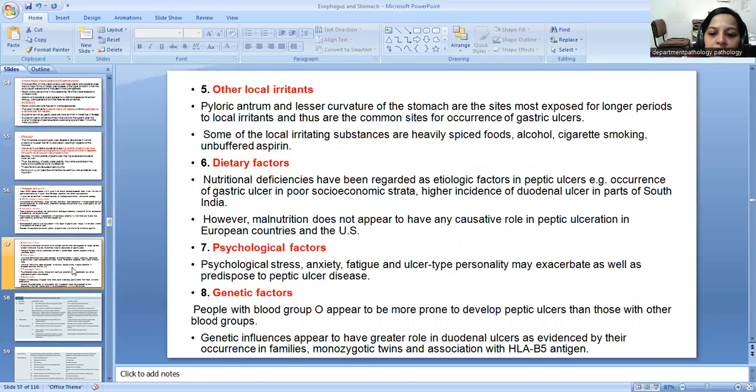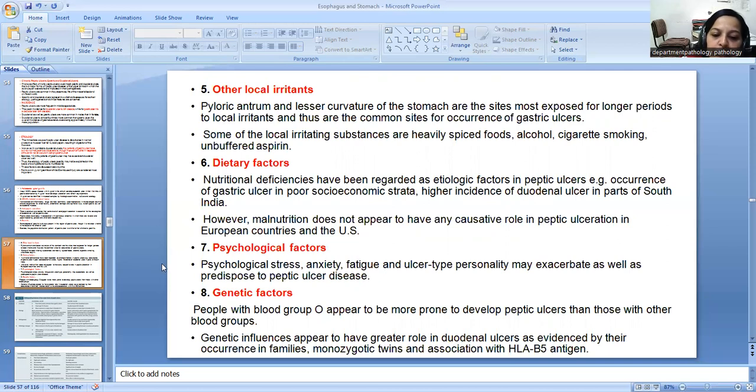Other local irritants like heavily spiced foods, alcohol, cigarette smoking, unbuffered aspirin, etc. Dietary factors and nutritional deficiency have been regarded as etiological factors in peptic ulcer. In poor socioeconomic strata, there is a higher incidence of duodenal ulcer in parts of South India. However, malnutrition does not appear to have any positive role in peptic ulceration in European countries and the US.